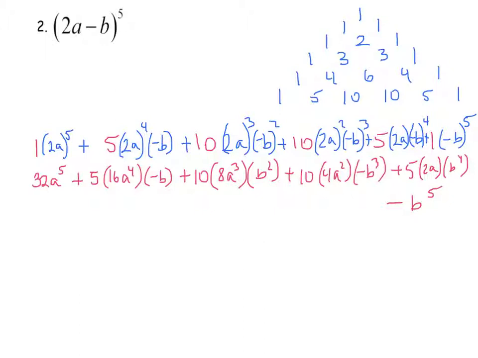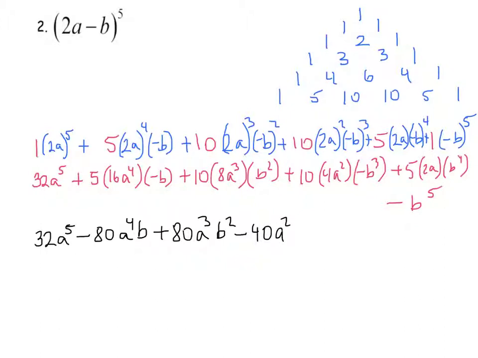So if I simplify even further, I get 32a to the fifth minus 80a to the fourth power times b plus 80a to the third power times b to the second minus 40a to the second power times b to the third power plus 10a times b to the fourth power minus b to the fifth power.